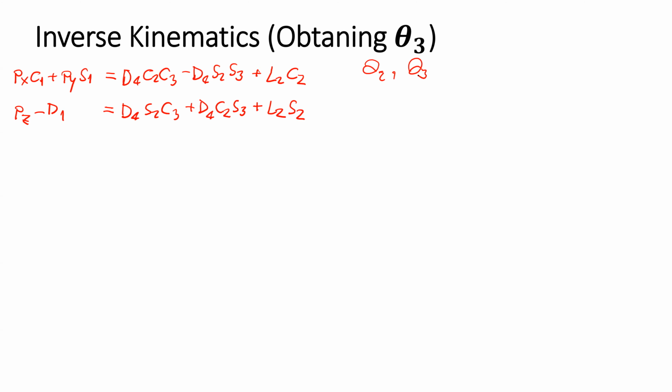But in order to make it a linear equation, I try to transform the original equation to be in terms of theta 2 plus theta 3 and theta 2, by using the properties of trigonometry. Do you think we can combine this?